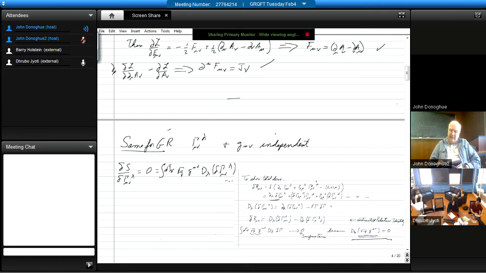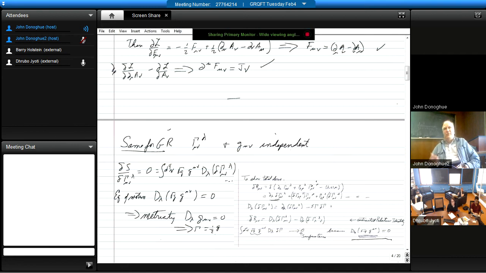Now, by integrating this by parts, I get the equations of motion, which is that \nabla_\lambda (\sqrt{-g} g^{\mu\nu}) equals 0, which is the metricity condition that I said before. It's basically \nabla_\lambda g_{\mu\nu} equals 0, and that determined \Gamma in terms of g. Basically, that's the equation that determined \Gamma before.